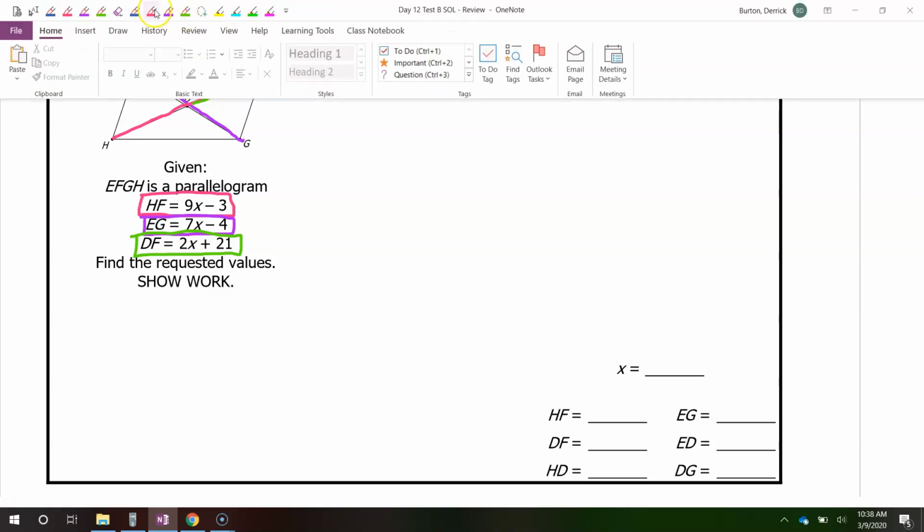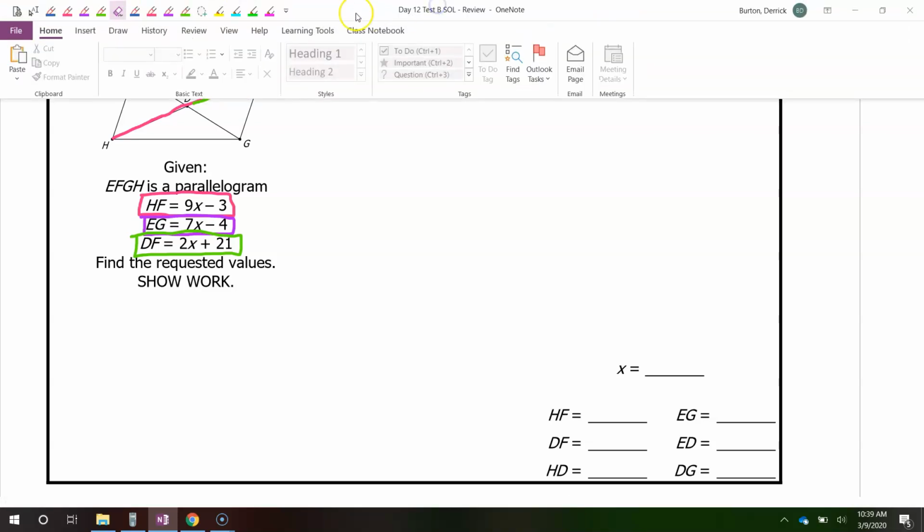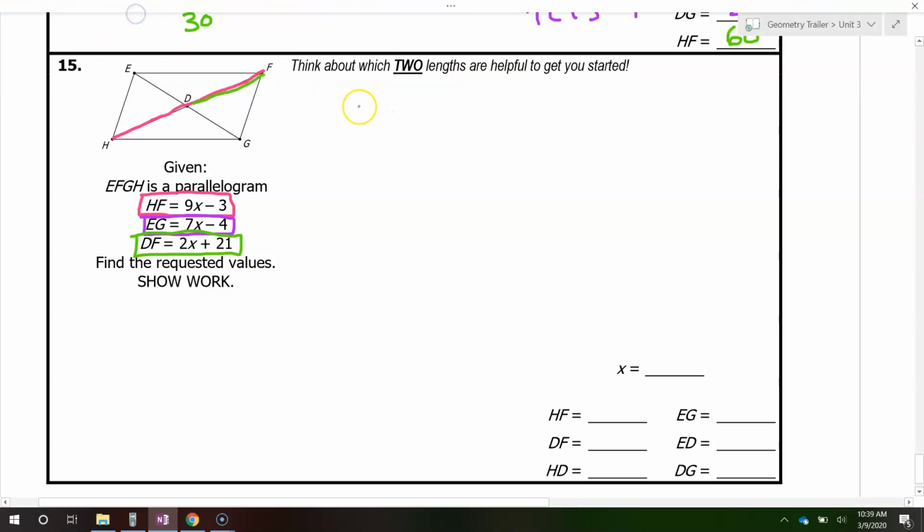Well, it might make it more clear if I actually erase the purple for a second. Now maybe you can see that DF, the green, is half, whereas HF is the whole thing. So whenever we have a half and a whole, we use the setup 2 halves equals a whole. And that's what we have to do here.